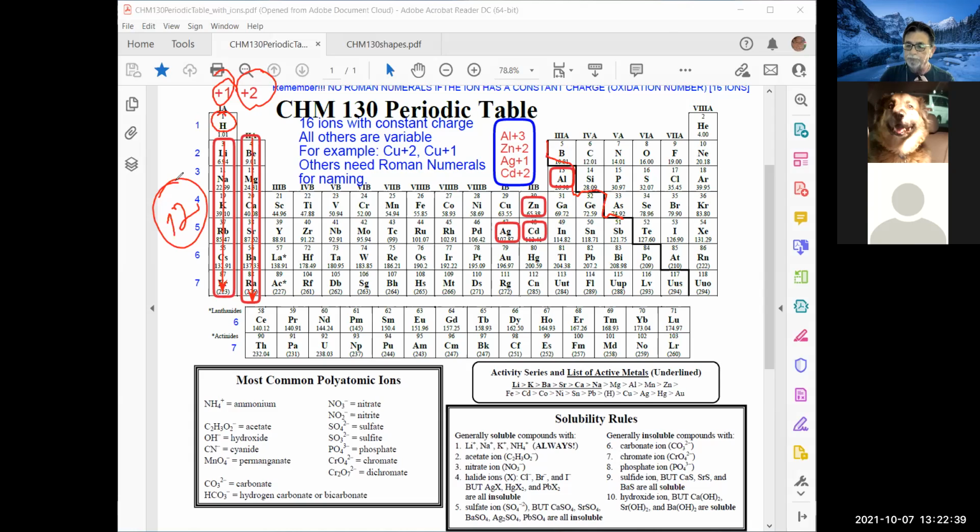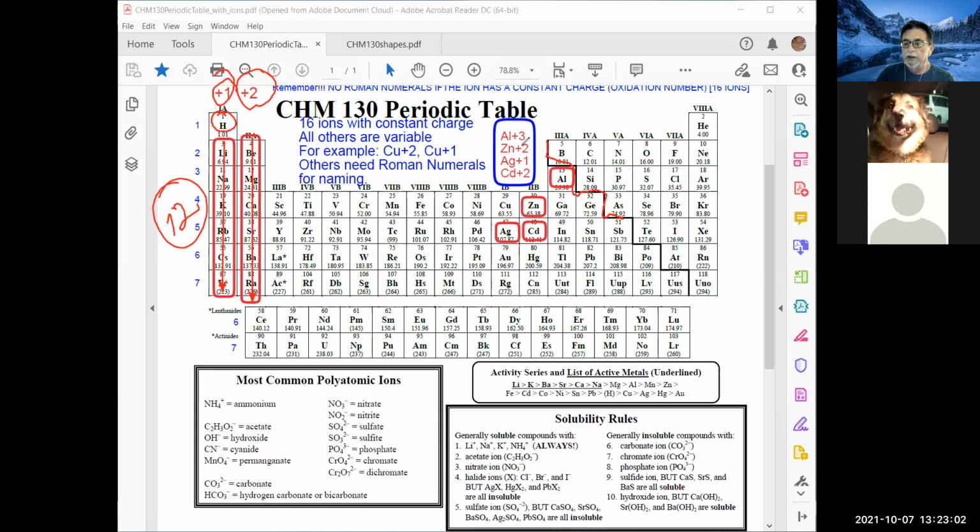Now I'm giving you 4 more that are also like group 1 and group 2 elements. 100% of the time, that's their charge. They don't have variable charges. Up over here, number 13 is aluminum, which has a +3 charge all the time. Number 30 is zinc.